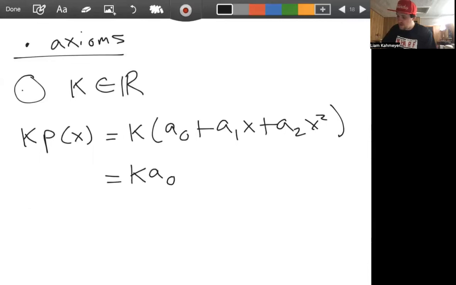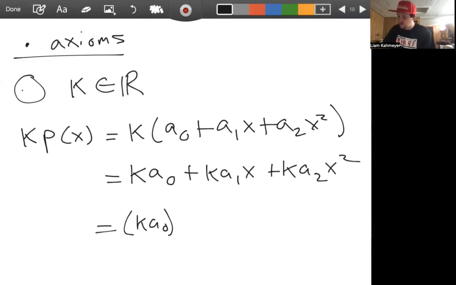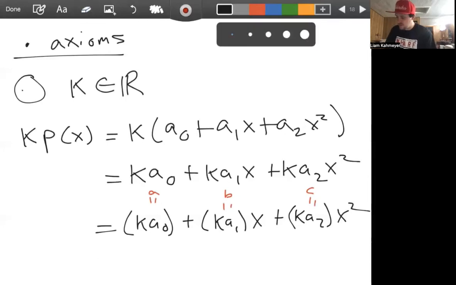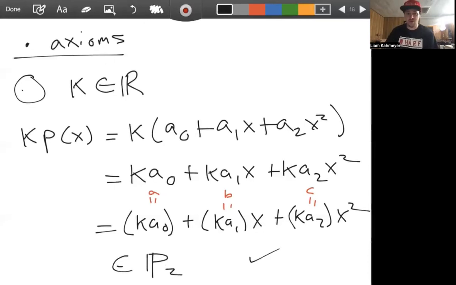So this is Ka0 plus Ka1x plus Ka2x squared, which is, grouping by associativity of scalar multiplication over the reals, Ka0 plus Ka1 times x plus Ka2 times x squared, which is of the form A plus Bx plus Cx squared. Here A is Ka0, B is Ka1, C is Ka2. And so this is then an element of P2, which is what we want to show: that scalar multiplication is closed on the set P2.